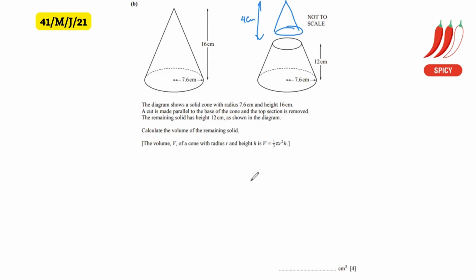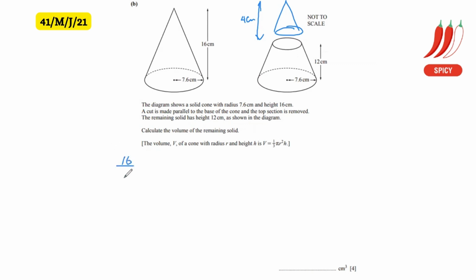So what we can do is treat these two shapes as similar shapes, because this small cone is enlarged to this cone. We have the height of both cones, we have the radius of the bigger cone, but we don't have the radius of the smaller cone. So using the concept of similar shapes, we can find the radius of the small cone.